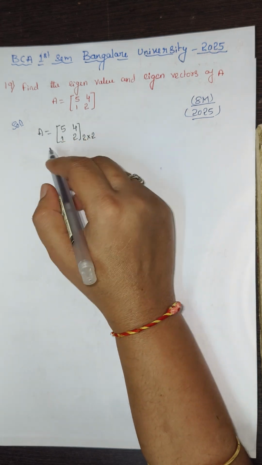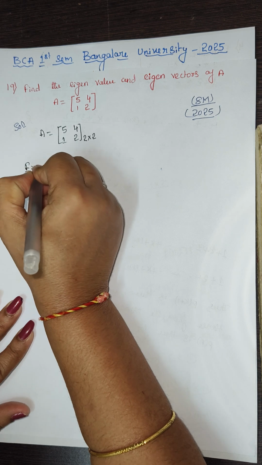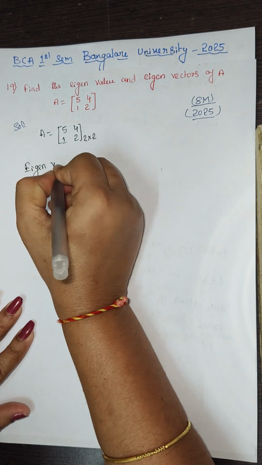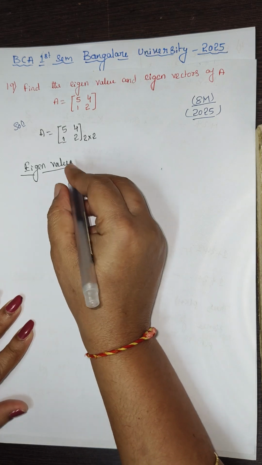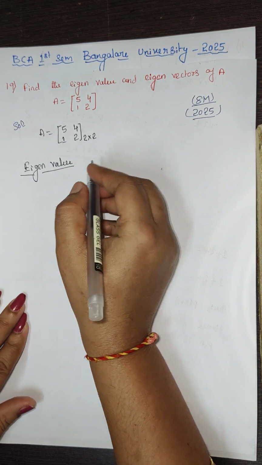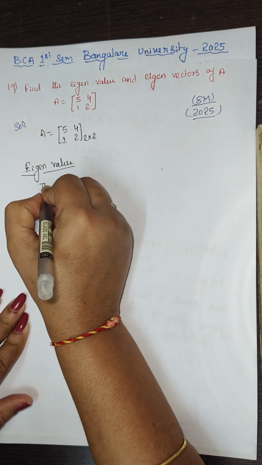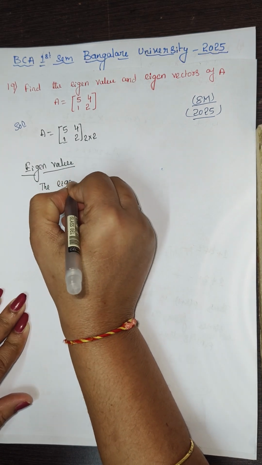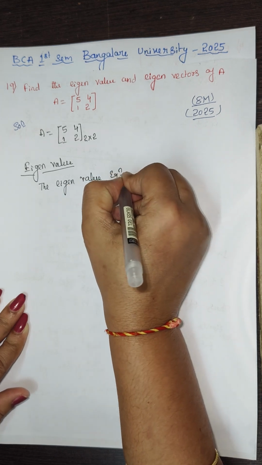Okay, first we need to find the eigenvalue. For finding the eigenvalue, first we need to write the eigenvalue equation. Otherwise you can also call it the characteristic equation. What is the eigenvalue equation?